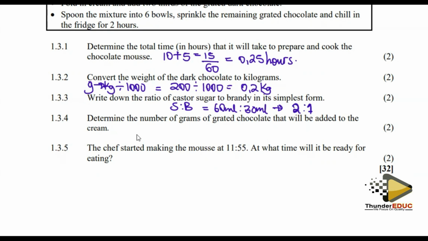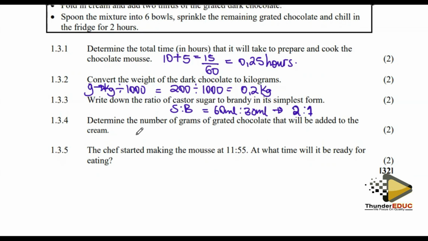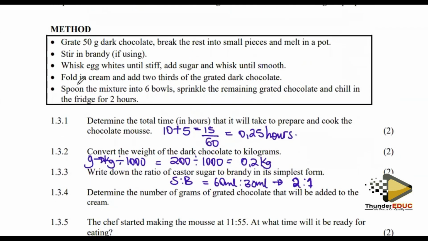Determine the number of grams of grated chocolate that will be added onto the cream. We come back here, we see they said pour in the cream and add 2/3 of the grated dark chocolate. But they say grate 50 grams of dark chocolate.